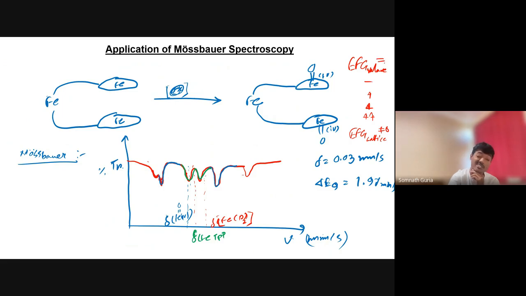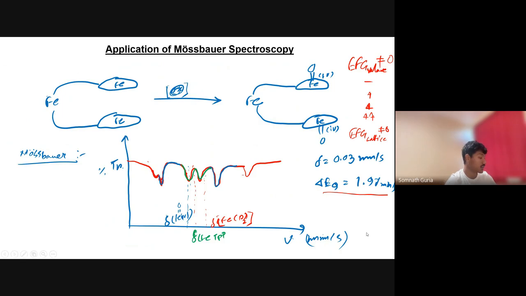D4 system, yes, the valence EFG is not equal to 0. Combined, they will give the delta EQ value of 1.97 millimeter per second. Okay. So this is one of the examples.